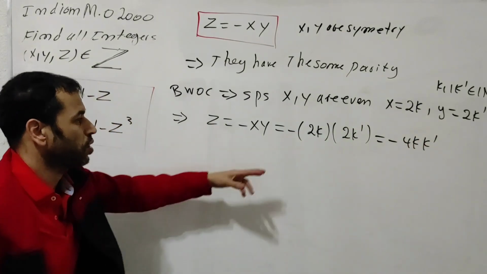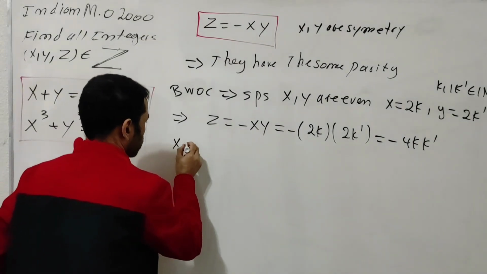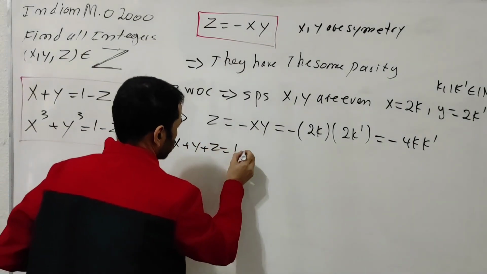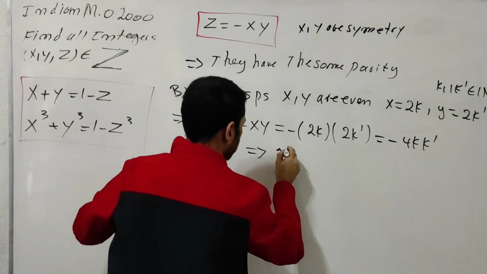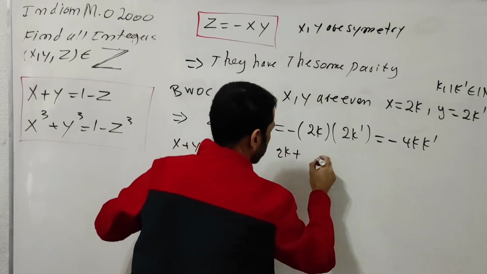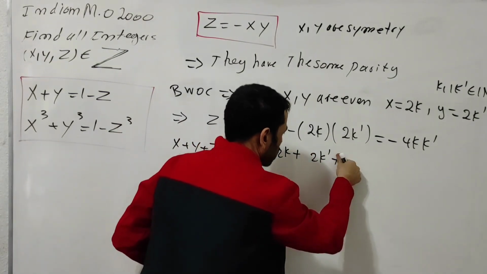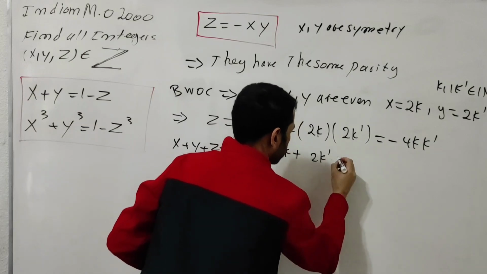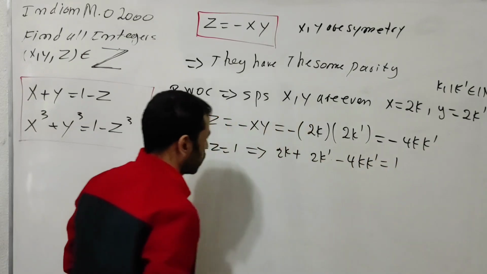I'm going to replace these facts into this equation, so x plus y plus z equals 1. x will be replaced with 2k, y with 2k prime, and z with minus 4k k prime, so 2k plus 2k prime minus 4k k prime equals 1.